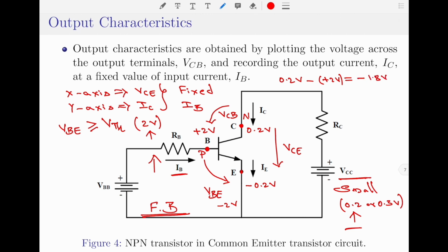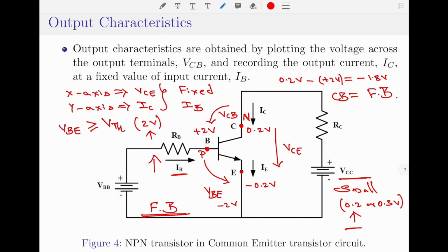This means that you are now applying a negative voltage to the collector, which is the N type of semiconductor material, and the base is at a positive potential of plus 1.8 volt. This will forward bias the collector to base junction as well. And when this happens, since the base to emitter junction is already forward biased, the transistor enters the saturation region of operation.